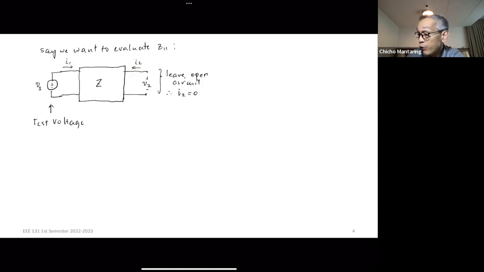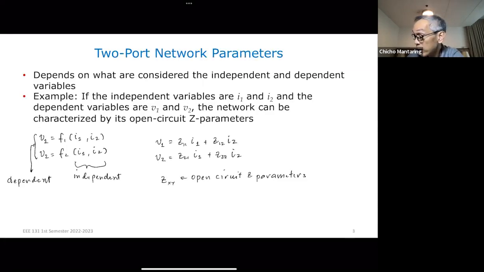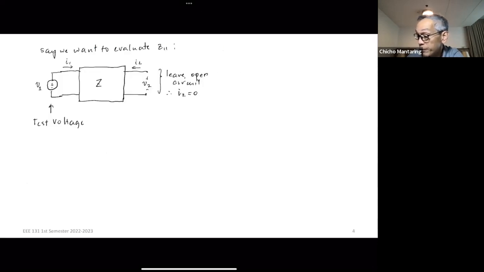If I2 is equal to 0, if you take a look at this equation, V1 is Z11 I1 plus Z12 I2. This is now going to be equal to 0. So we now say that Z11 is just V1.